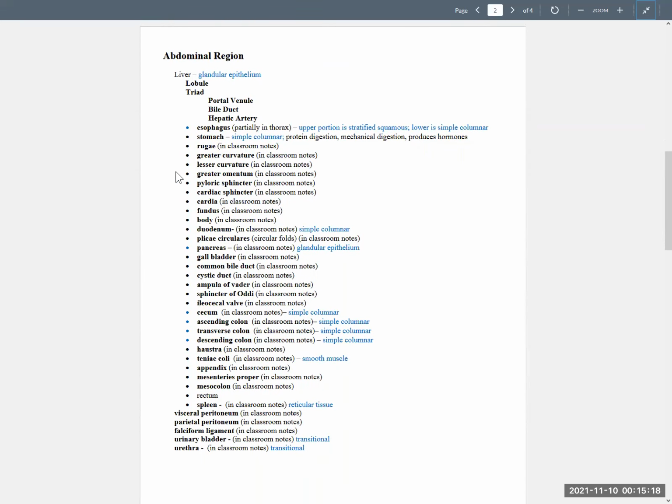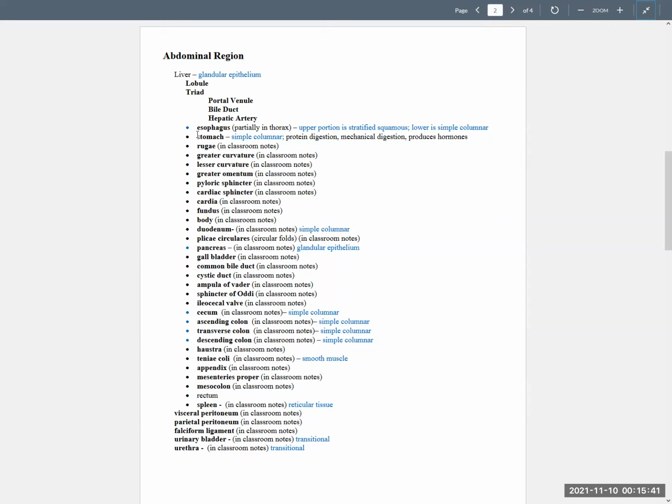In the abdominal region, you can begin to refresh from especially the digestive system, all of these structures, okay? And at times I've told you what type of tissue they're made of. For some of them, we haven't discussed it yet.